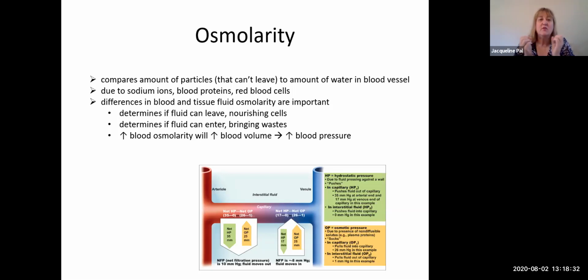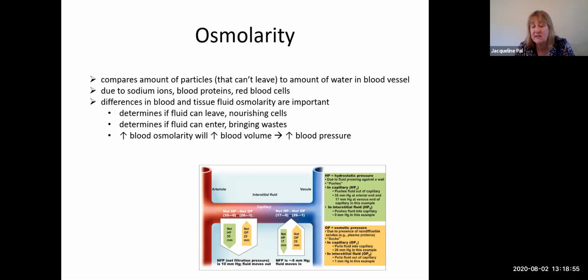And so the higher your blood osmolarity is, the more water gets sucked into it because it wants to dilute it a little bit. And so if you increase the blood osmolarity, you'll be increasing the blood volume just by the water being sucked into it. And by increasing the blood volume, you'll be learning later on, we'll be increasing the blood pressure.